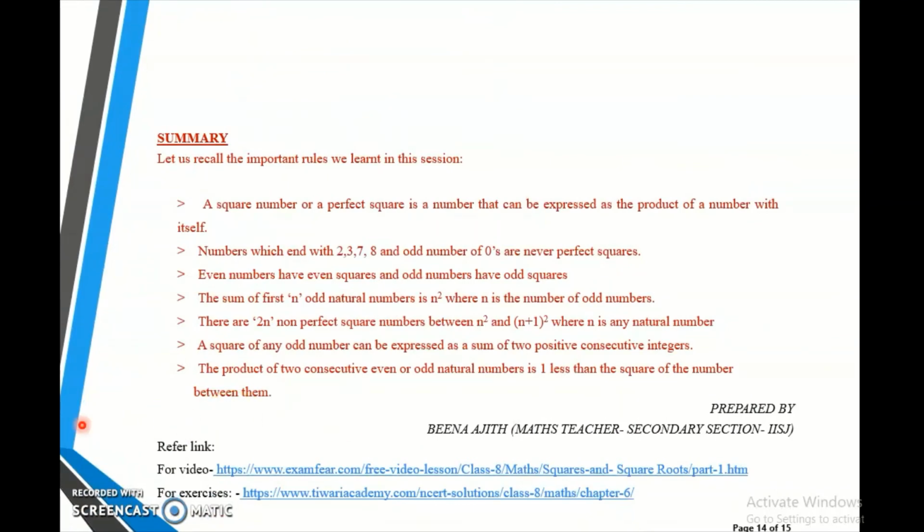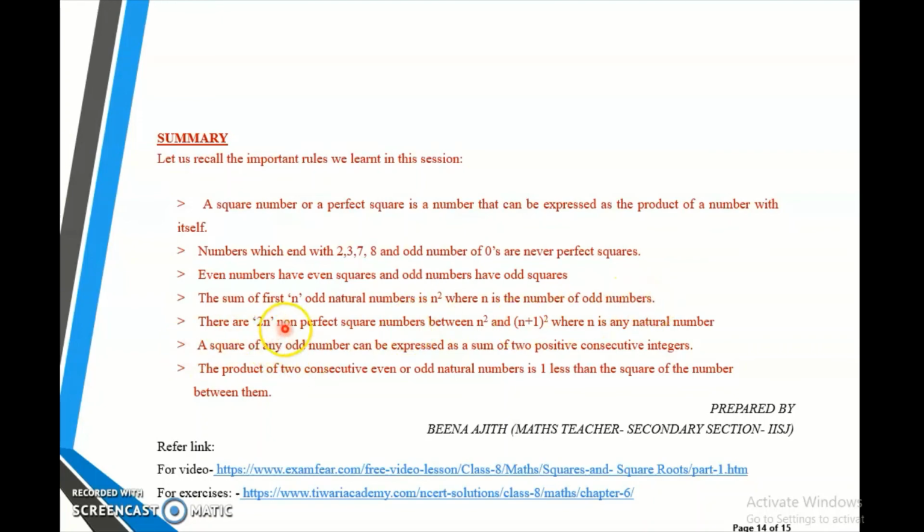Now let us recall the summary, or the important rules we learned in this particular session. A square number or a perfect square is a number that can be expressed as a product of a number with itself. The numbers which end with 2, 3, 7, 8, or an odd number of zeros are never perfect squares. Even numbers have even squares, odd numbers have odd squares. The sum of the first n odd natural numbers is n square, where n is the number of odd numbers.